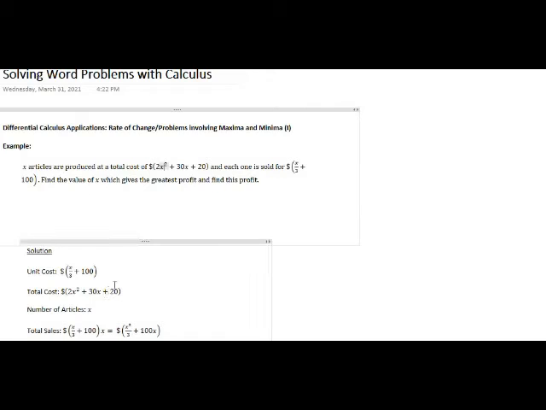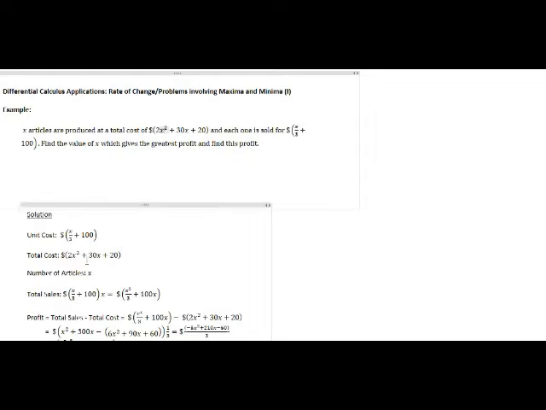Before I move to that, I typed out the basic parameters that we were given and also calculated the profit based on the parameters given. So I input the value of the unit cost, which was given here, and I input the value of the total cost, which is also given in the question, and then this is the number of articles x, and I calculated the total sales.